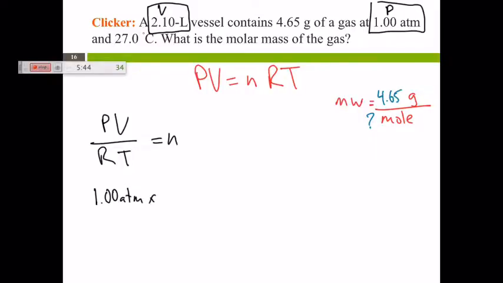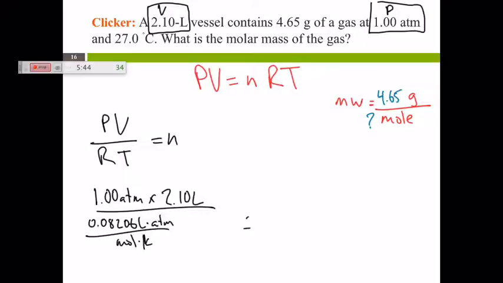So 1.00 atm times 2.10 liters divided by 0.08206 liter atmosphere per mole Kelvin times temperature. What did you have for your temperature? 300 and what?